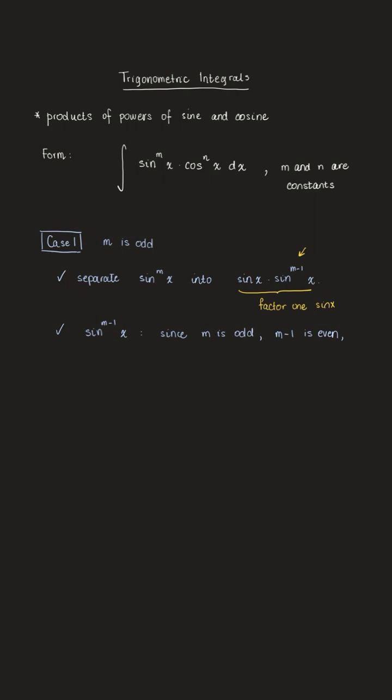And so we're going to use the Pythagorean identity that relates sine squared and cosine squared. That identity is that sine squared of any angle plus cosine squared of any angle is always equal to 1.